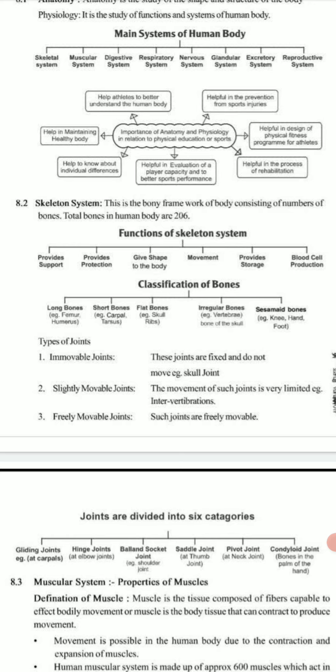Classification of bones: long bone, short bones, flat bone, irregular bone, and sesamoid bone. Femur and humerus are the long bones, carpal and tarsal the short bones, and skull and ribs the flat bones, and vertebral bones of the skull are the irregular bones, and knee, hand, and foot are also known as the sesamoid bones.